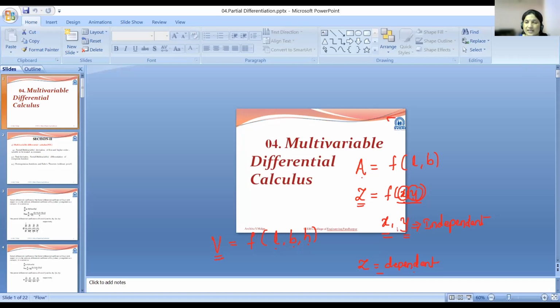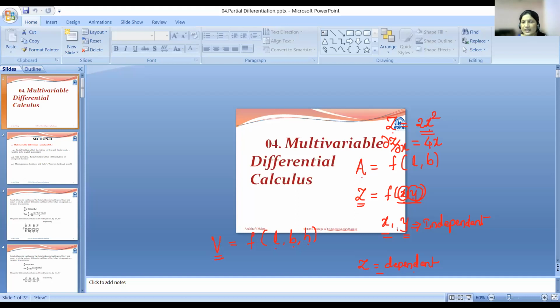Suppose I am taking z is equal to 2x square. Okay, z is a function in x. So if you are taking the derivative of this z, dou z by dou x, the partial derivative of z, it will be 4x, isn't it?